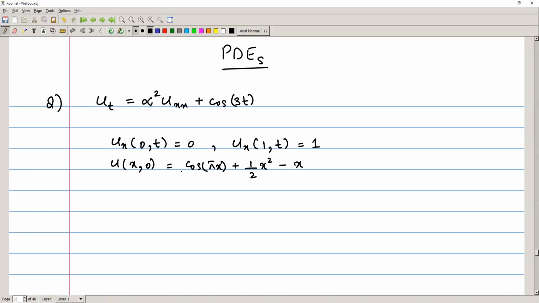Now, first of all, we know that for this type of problem, the solution u(x, t) is given by w(x, t) plus v(x, t).